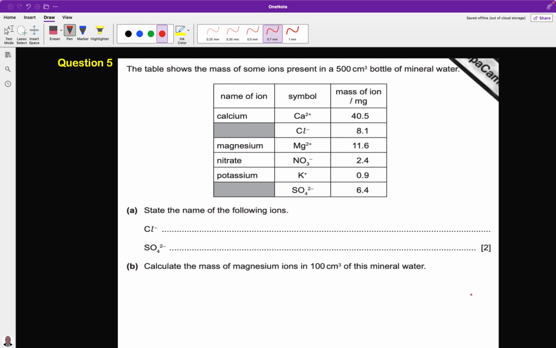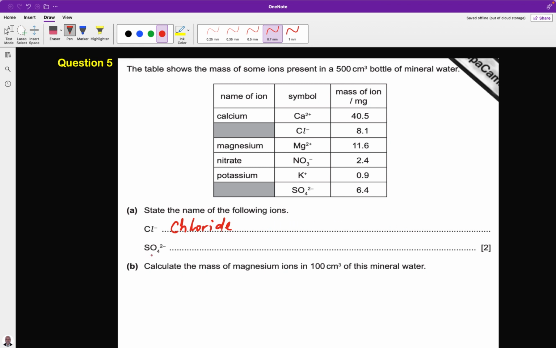Question A: state the name of the following ions. This is Cl minus. What do we call this? It is a chloride, not chlorine, it is a chloride.